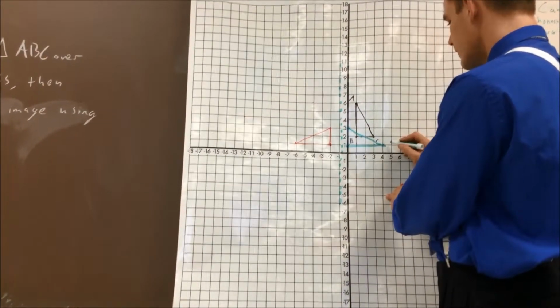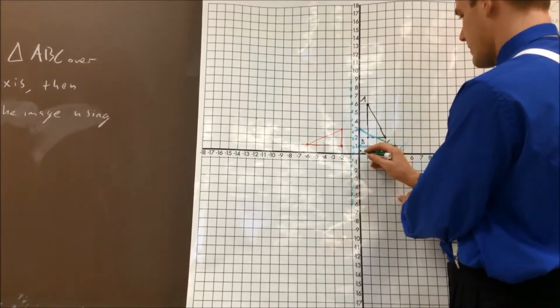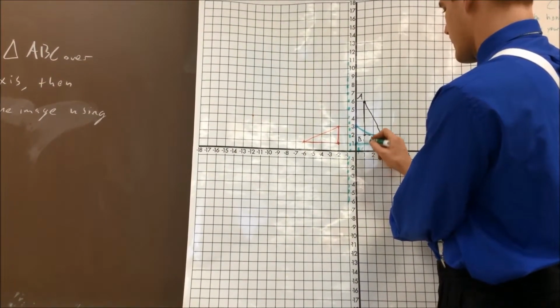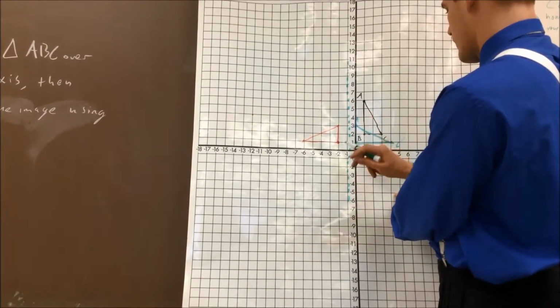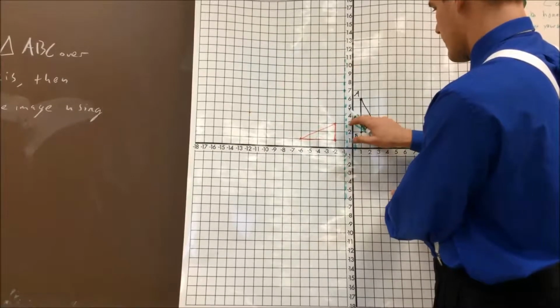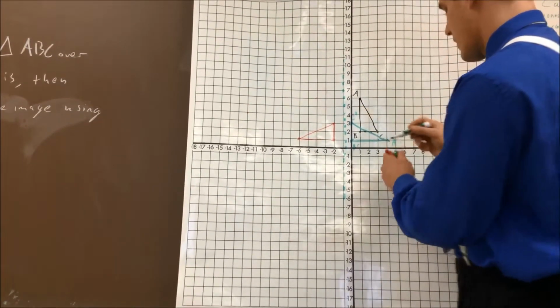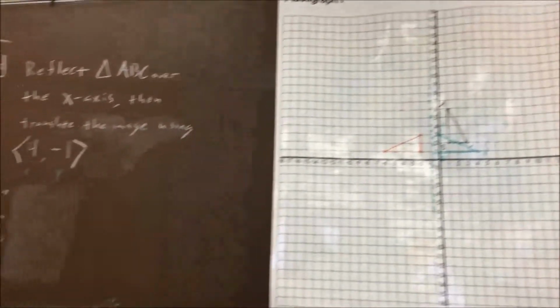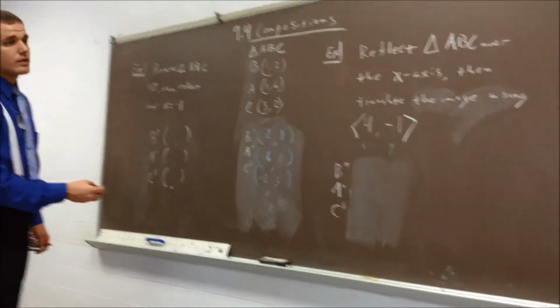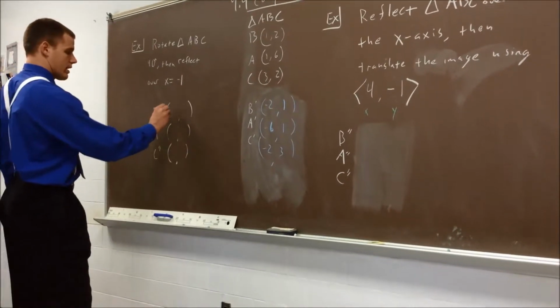So this would be C double prime, and this would be B double prime, and A double prime. Oh, no, sorry. A double prime, B double prime, C double prime. And let's find the coordinates of that thing. B double prime is 0, 1.